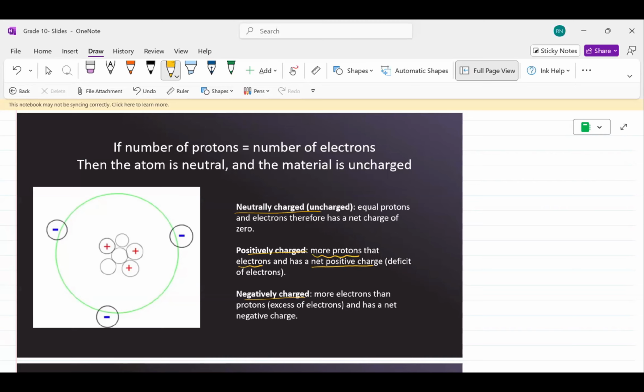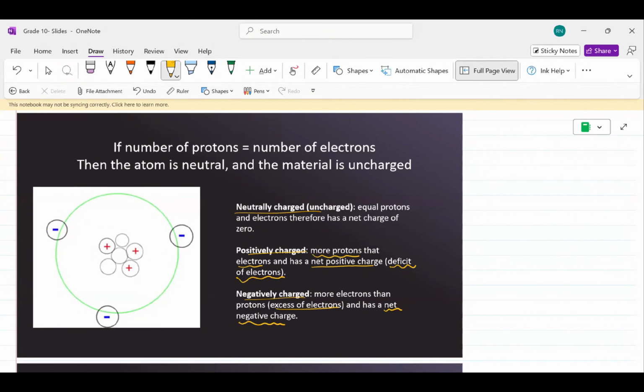So we say we have a net positive charge, or we have a deficit of electrons, right? If we have too many electrons, it means that we have too many negatively charged particles. So that means that we'll have a negative charge and will be in excess of electrons, right?